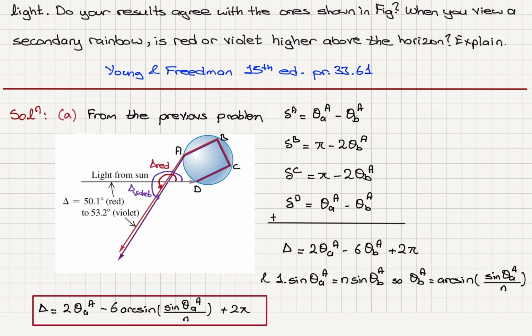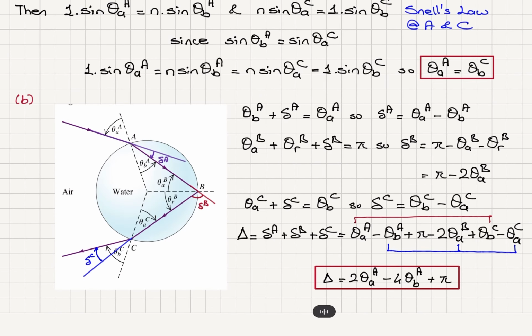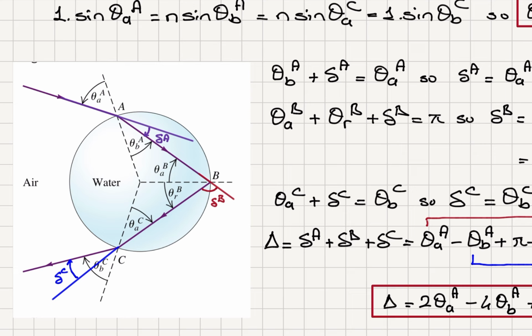Now, I have used the results of the previous problem to calculate the total angular deflection. This is the direction of the incoming light. This is the direction of the outgoing light. So this is my total angular deflection. At point A, I have theta A minus theta B. At point B, I have pi minus 2 theta B. At point C, I have pi minus 2 theta B. And these basically come from the fact that the situation at point B and at point C would be identical because these angles are the same.